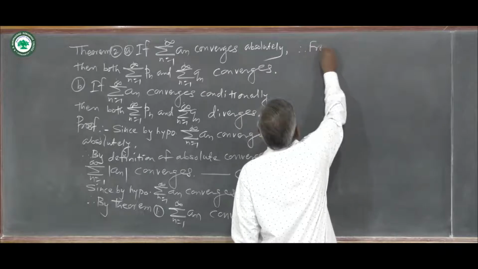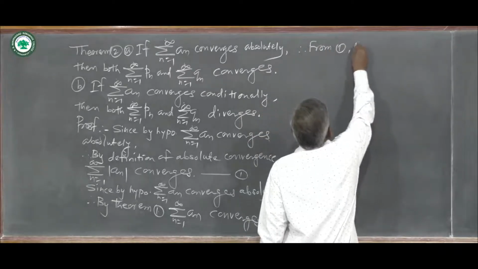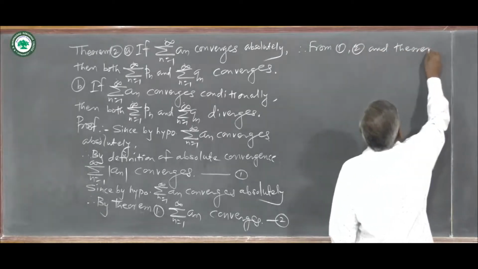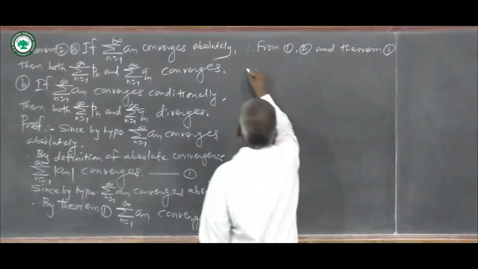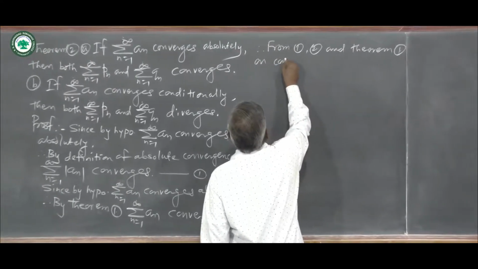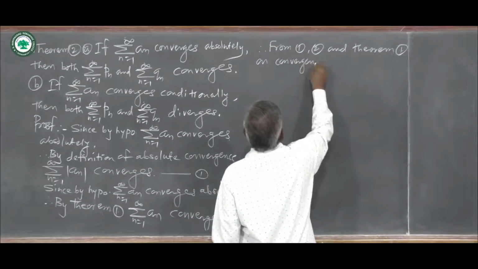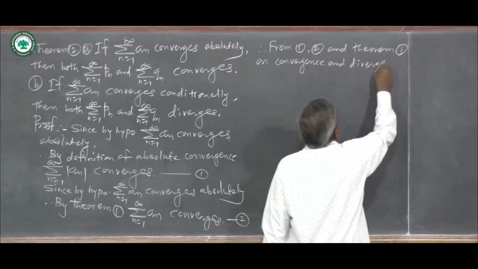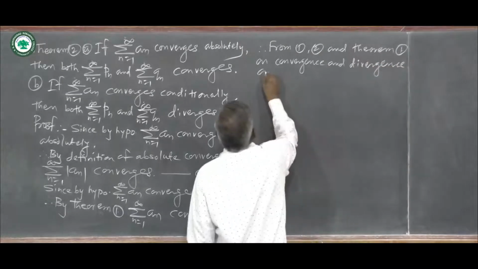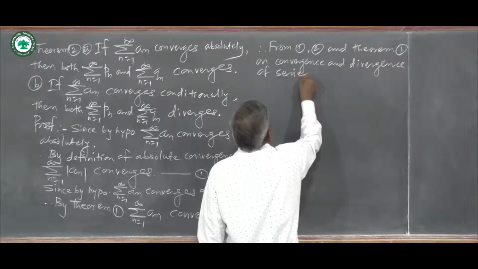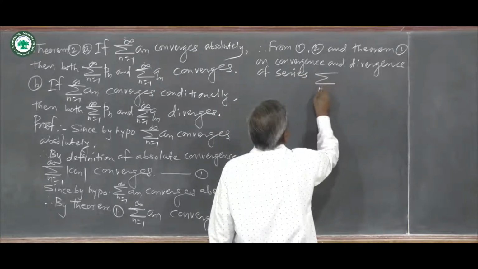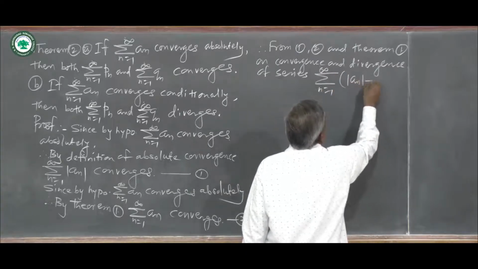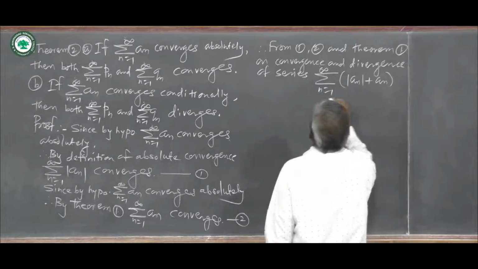Therefore, from 1, 2 and theorem 1 on convergence and divergence of series, summation n equal to 1 to infinity of mod of a_n plus a_n converges.